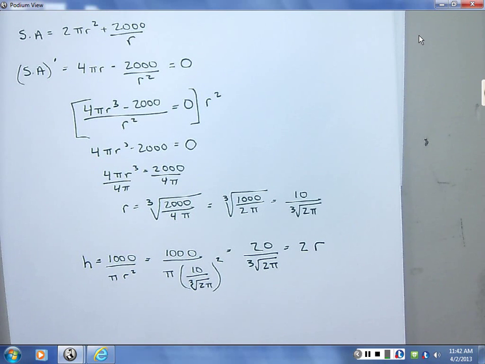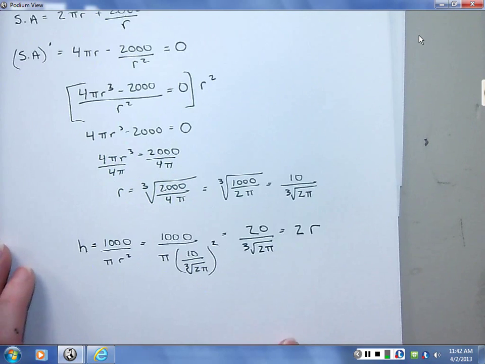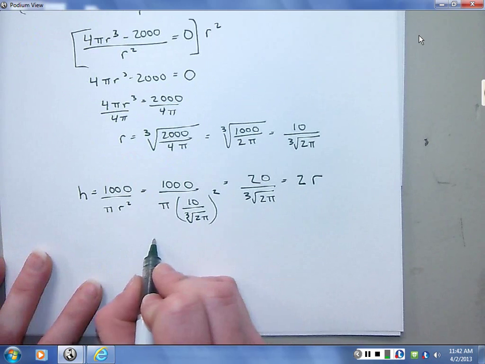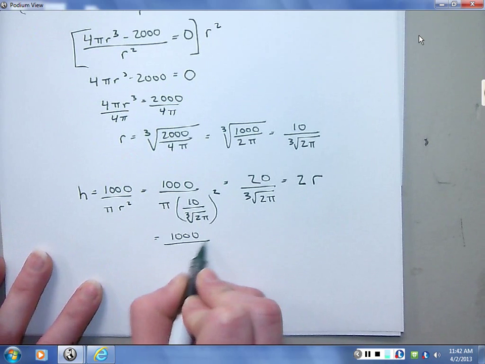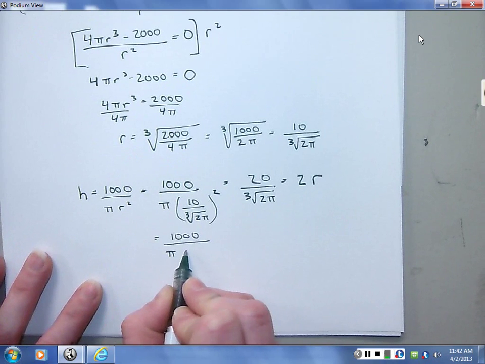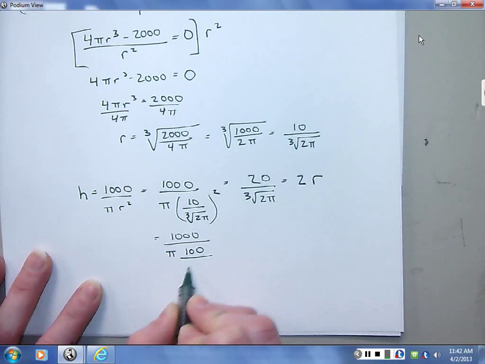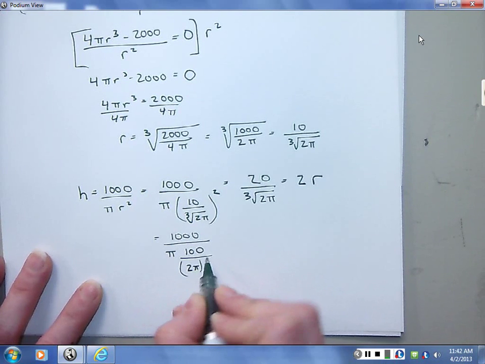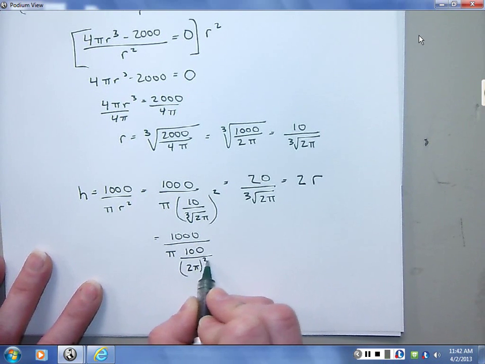Question? How'd you simplify the 20 over cube root of 2 pi? Let's see what we end up with here. So I have 1,000, I have pi, I have 100, I have 2 pi to the 2/3.